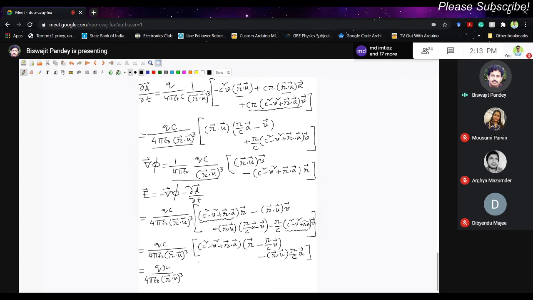So what are we left with? After taking r by c common, we have to multiply with c and divide by r, and that will be r cap. So c r cap, and r by c is taken outside, so that will be simply v. So c r cap minus v is nothing but u. If you remember, c r cap minus v vector is nothing but u.